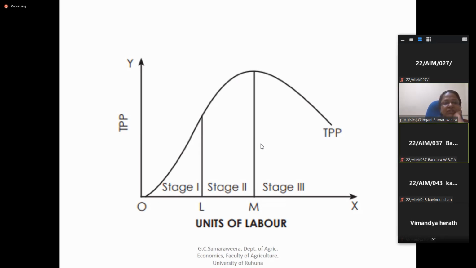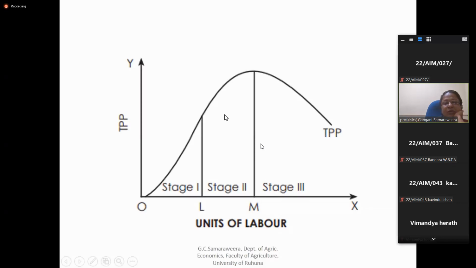At this stage, what should farmers do? Increase the output, input more and more because output is getting increased. But at that stage, it's increasing but at a decreasing rate, so they should see some changes.